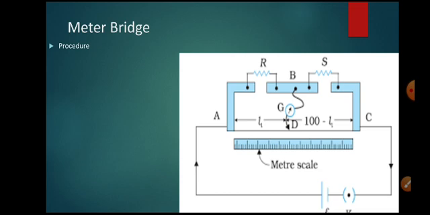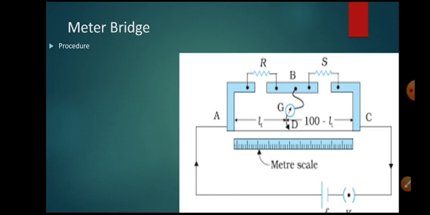Here we need a meter bridge, also called a slide wire bridge, a battery, a galvanometer, a resistance box, a jockey, a one-way key, and an unknown resistance wire. To find the specific resistance, you have to find the cross-sectional area, so you need a screw gauge, a meter scale and connecting wires.